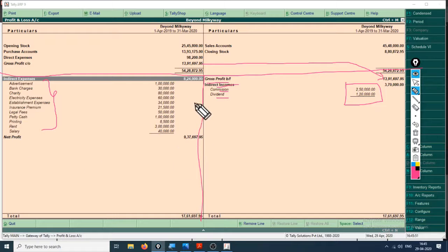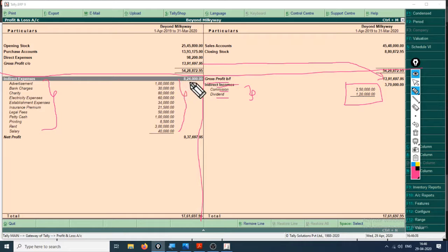Yeah, as the total of this is less than the total of this, so this is 3,70,000 and this is how much? Can I get that amount? Nope.